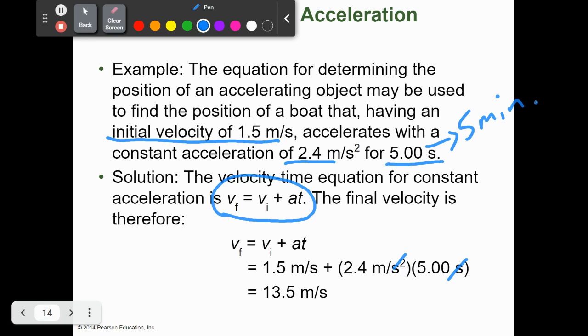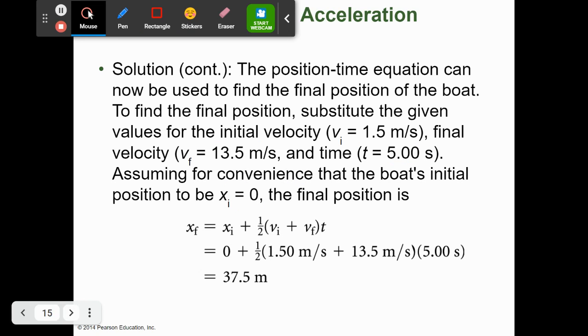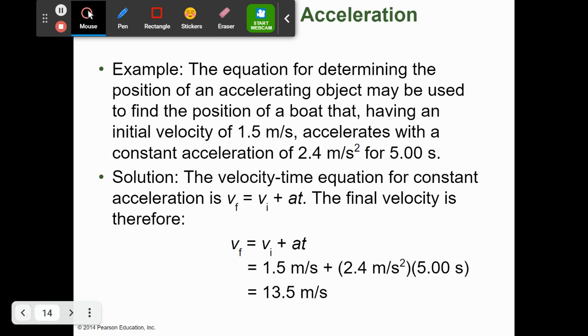So the statement of determining the position, is that just telling you what? I think that should be telling you what you needed to do, but it didn't. It should have said velocity instead of position. Oh, or I didn't turn the slide over, and this is another half of the problem.